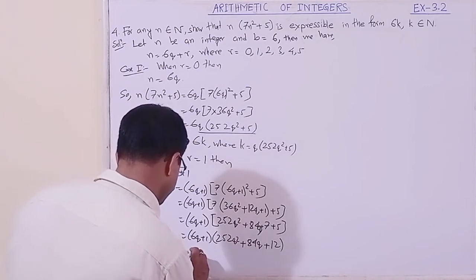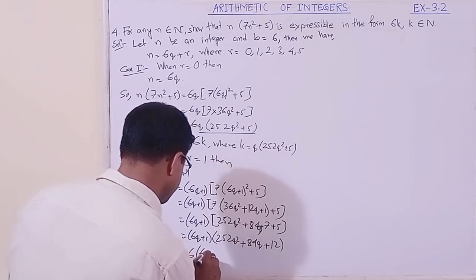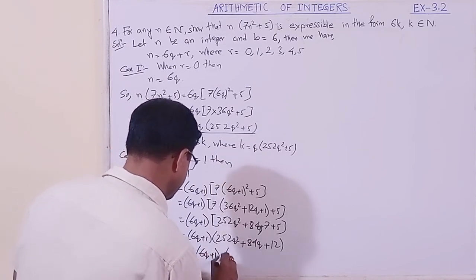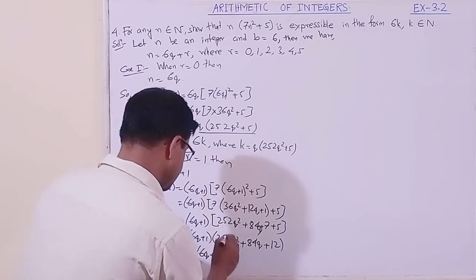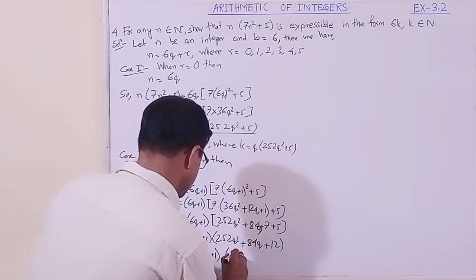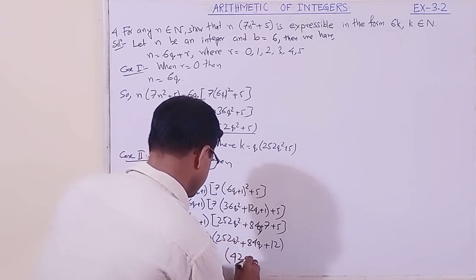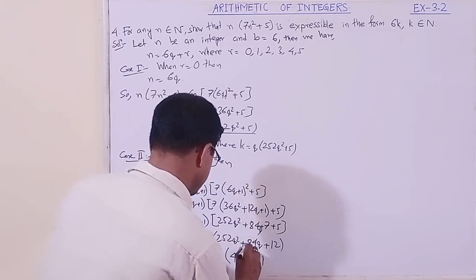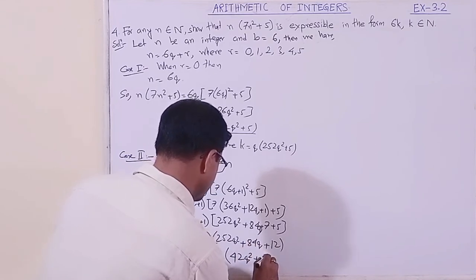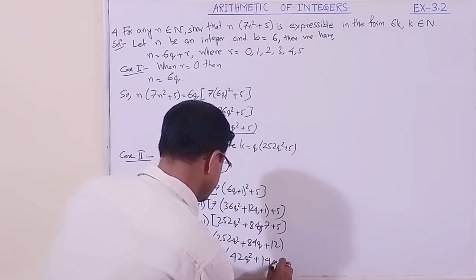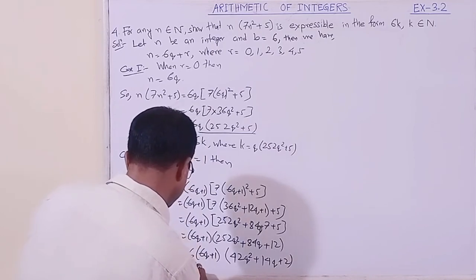So at the beginning let us write 6q plus 1. If we take 6 common from it, 6 times 42 is 252, q square, plus 6 times 14 is 84, q, plus 6 times 2.